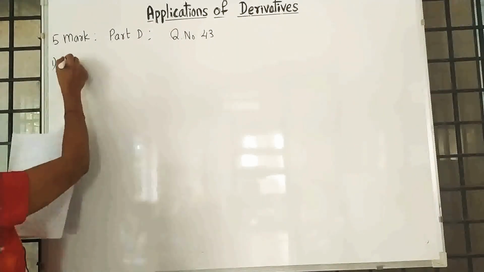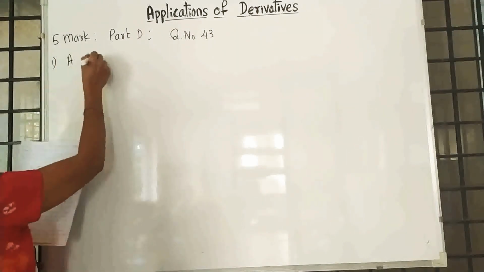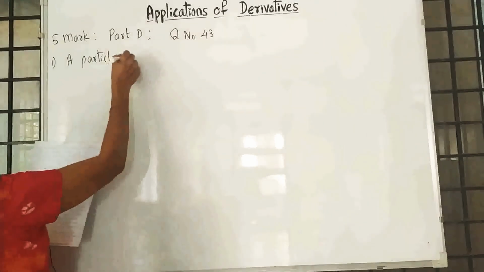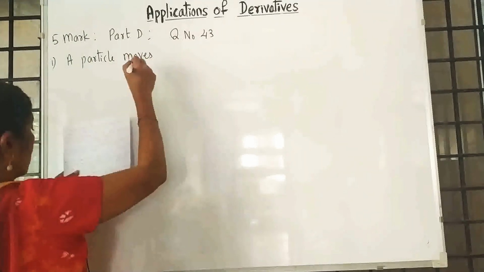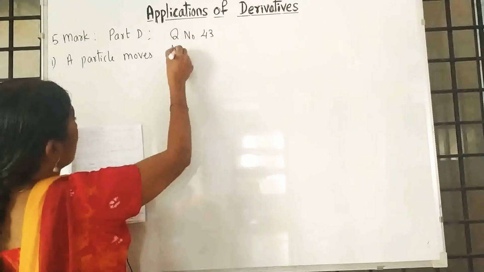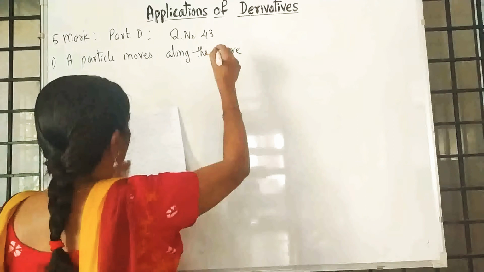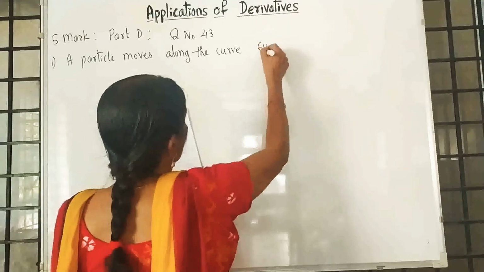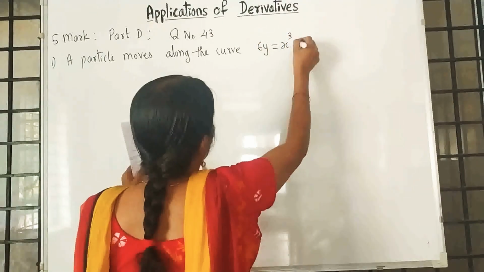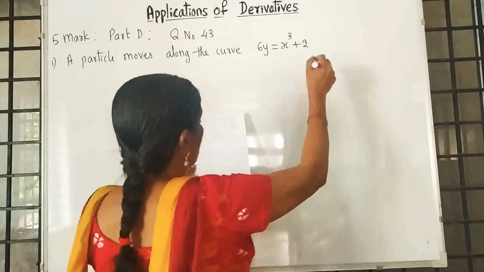write the first one. A particle moves along the curve six y is equal to x cube plus 2.